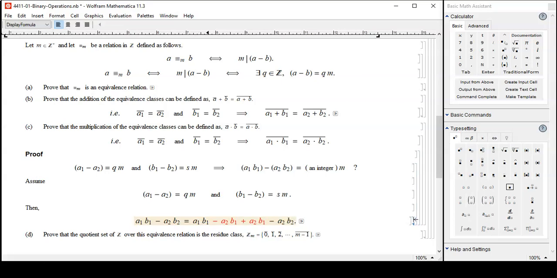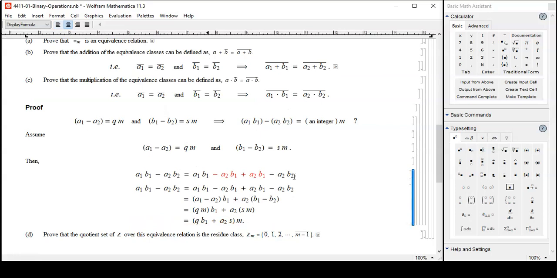Let's go. First two terms, next two terms, and then from the first two I can factor B1 out. From the second, I can factor A2 out. And then we have Q, S, okay.